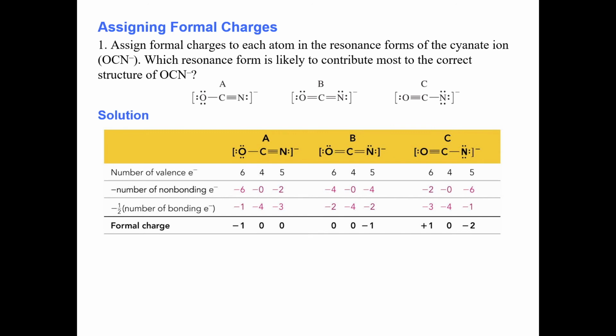Now the last tip is if we have to have a negative formal charge, it's got to be on the more electronegative atom. So the one that wins is form A, because the -1 formal charge is on the oxygen. So all three of these structures contribute to the hybrid, but form A contributes the most.